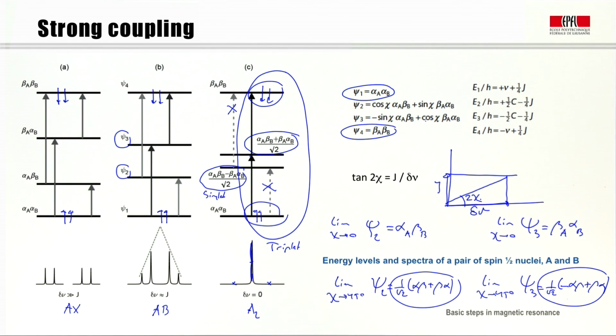So if one can contrive some way of populating the singlet state, then the populations would be locked in there, and one can have so-called long-lived states. This is a specialty of Malcolm Levitt in Southampton, and we have done a lot of work in Lausanne to try to improve techniques to populate these singlet states.